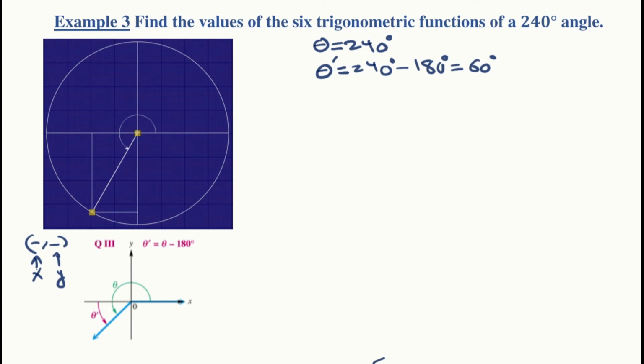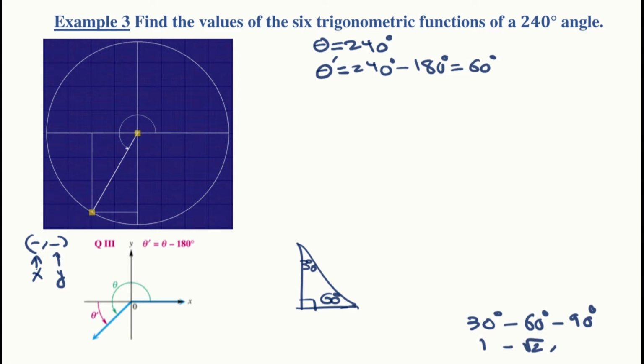So since it's a 60-degree angle, the easiest way to deal with that is using the reference 30, 60, 90 triangle, right? Where we know, if you remember this useful tidbit I showed you, when you have 30, 60, remember 1 goes with 30, square root of 3 goes with 60, and 2 goes with 90, right?